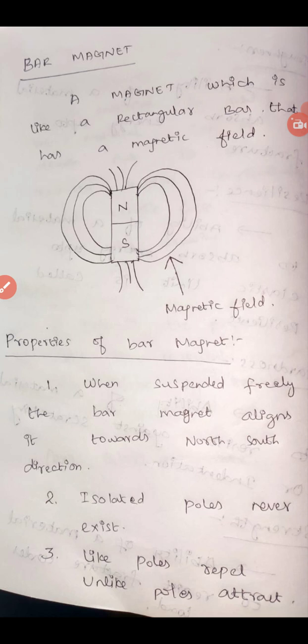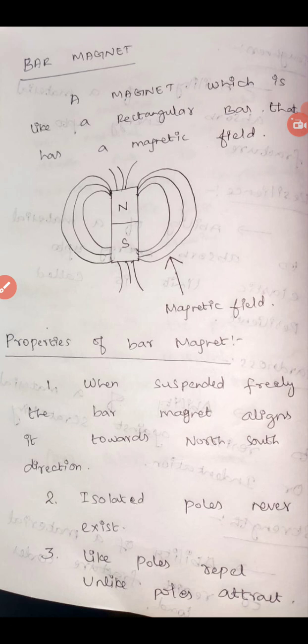What is meant by isolated poles? You know that there are two poles, a north pole and a south pole, right? But what do you mean by isolated poles? If you cut the bar magnet, if you bisect it, it will be divided into two pieces.